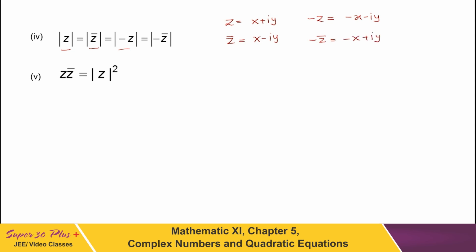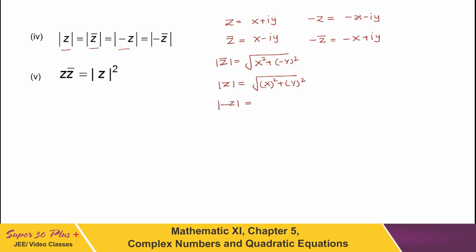And we can find the modulus of all these complex numbers. In the case of z bar, mod is equal to the square root of real part square plus imaginary part square. What is mod z? Mod z is equal to the square root of real part square plus imaginary part square. What is the mod of minus z?